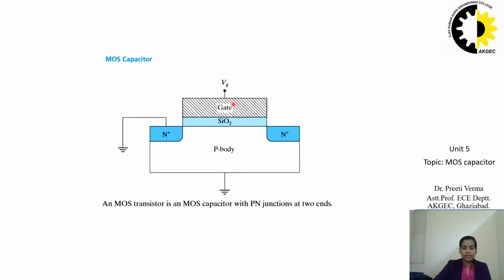This part, that is the gate, SiO2, and P body, that is the substrate, having two diffusions, is the MOS transistor. The complete working of the MOS transistor we will discuss later; first we should know what a MOS capacitor is and how its performance is determined.